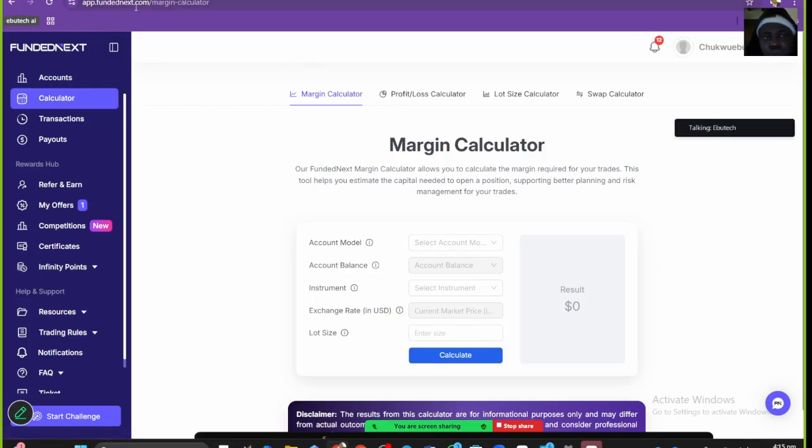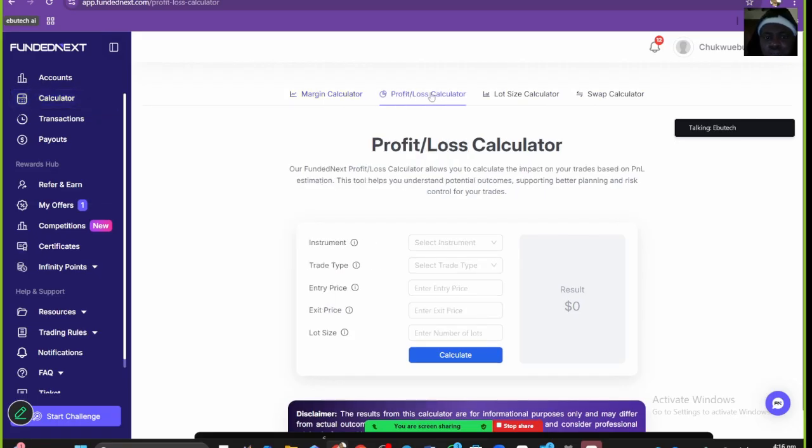So you come here, you click on calculator. Once you click on calculator, you will see margin calculator, profit stroke loss calculator, loss size calculator, swipe calculator. So the one you click on is profit loss calculator, right?